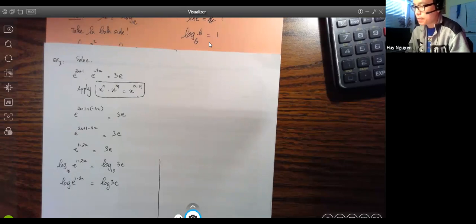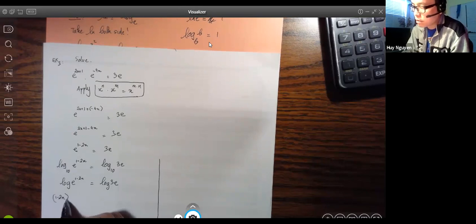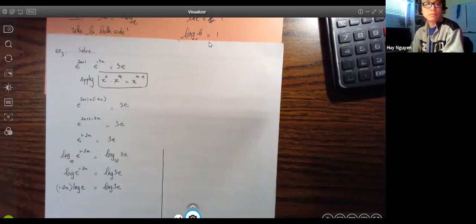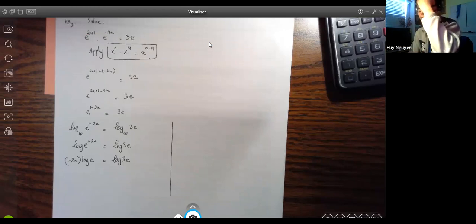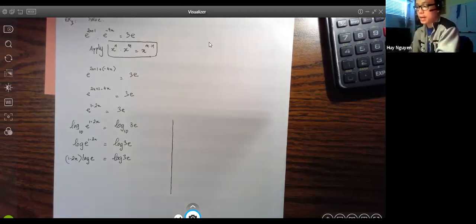Again, we have x in the exponent. I drop it down. Then I distribute it.